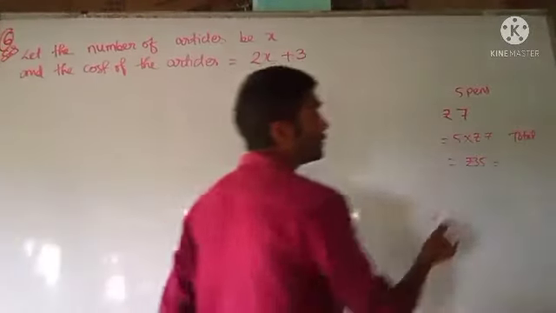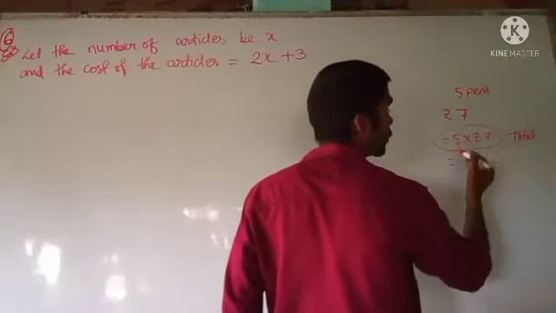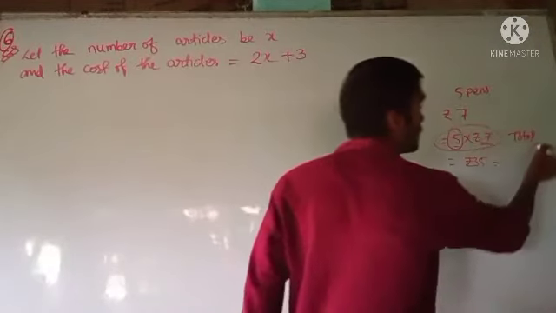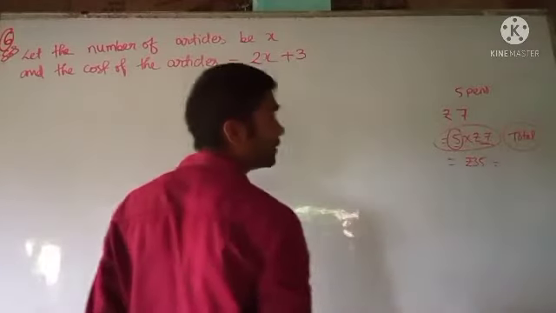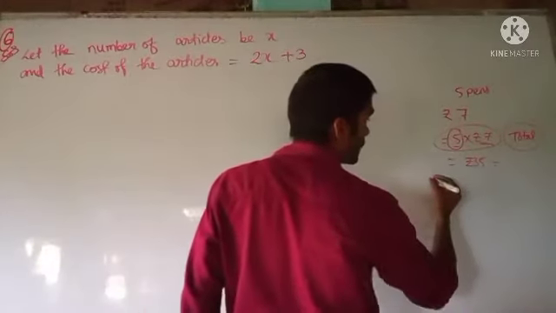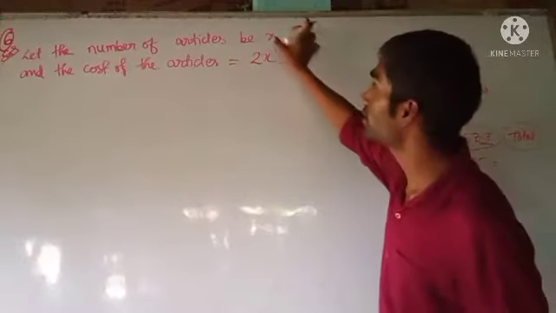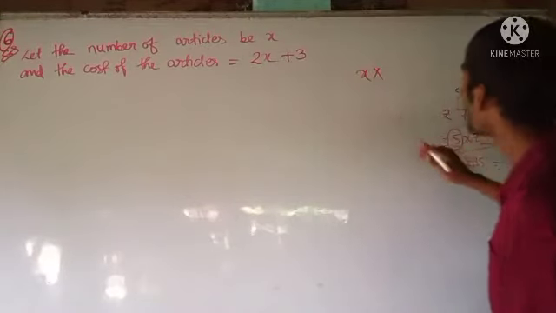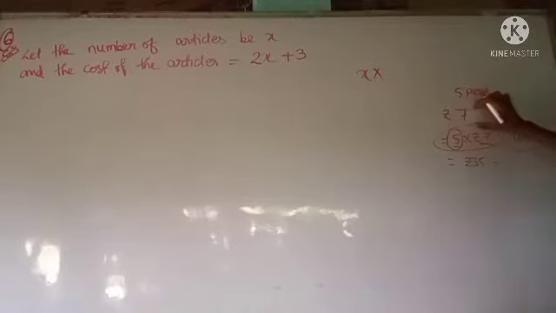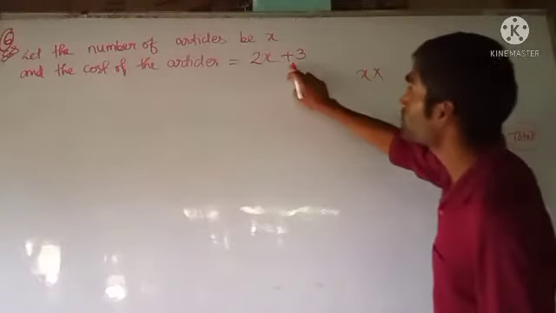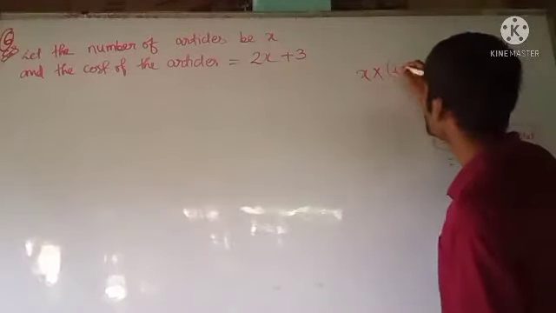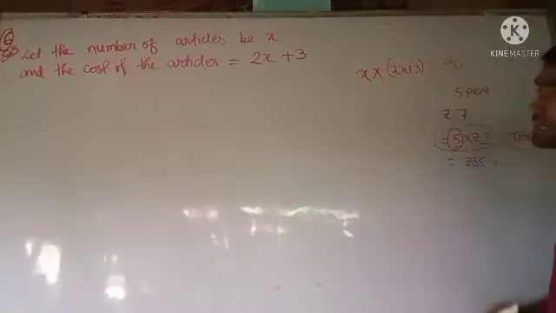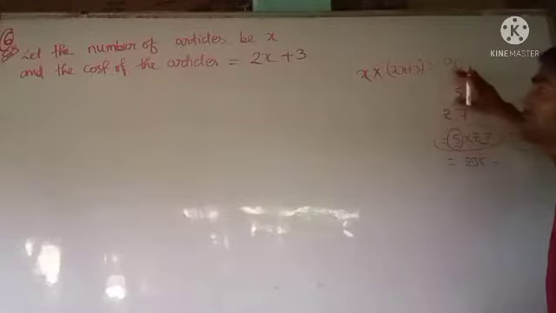That means if we multiply the cost of 1 pen with the number of pens, then we get the total. So here we'll do the same thing. We have taken the number of pens as x, so x into the cost of one pen, that is 2x plus 3, is equal to rupees 90. That is the total production on that day.